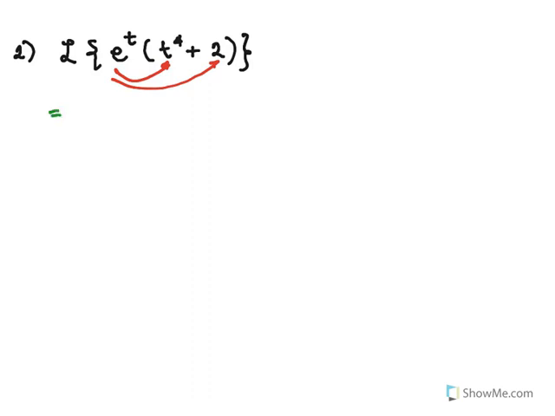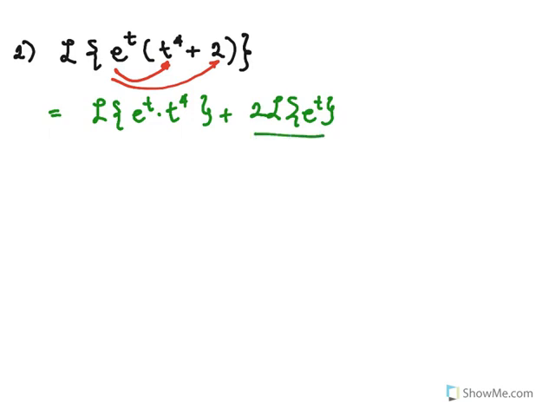This can be written as Laplace of e to the t times t to the fourth plus 2 times the Laplace transform of e to the t. Since 2 is just a constant, you can bring it out of the Laplace transform. For the second term, there's no problem, it's just a common function. For the first term, we use the shifting theorem.